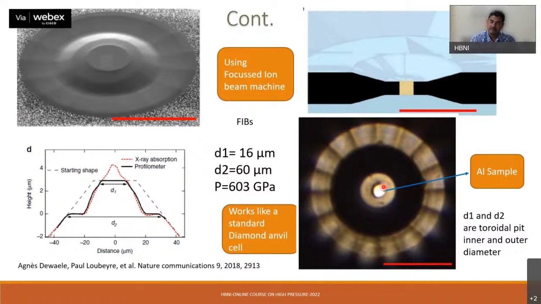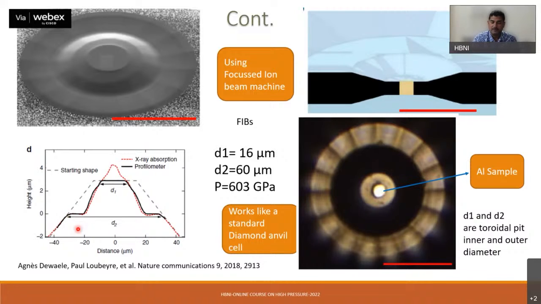And the advantage of this kind of anvil cell is that it works like a standard diamond anvil cell. You see here a scan through the X-ray of X-ray absorption and another scan through the profilometer. This dashed line shows your normal culet of around 40 micron, and when you make a toroid anvil shape, the central culet is 16 micron and this D2 is 60 micron.